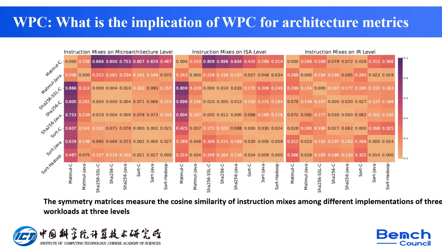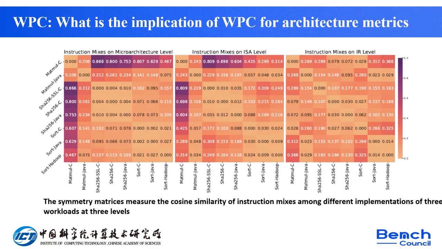Third, implementations of a similar workload calling a dynamic library or directly implementing the functions in the source code have significantly different workload characterizations at the IR level.